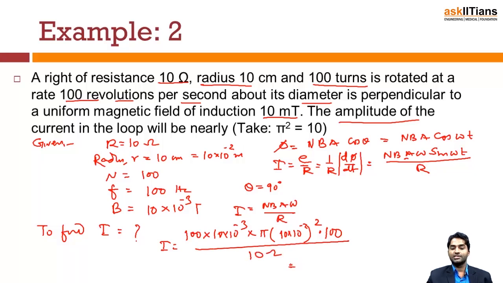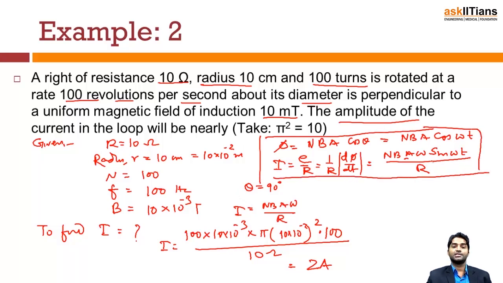On solving, we get this equal to 2 ampere. So the formula used here is phi equal to NBA cos omega t, and we differentiate to get the EMF, equal to NBA omega into sine omega t. Now current I is equal to EMF by resistance R. We put the corresponding values, theta as 90 degree, and we get the current as 2 ampere in this question.